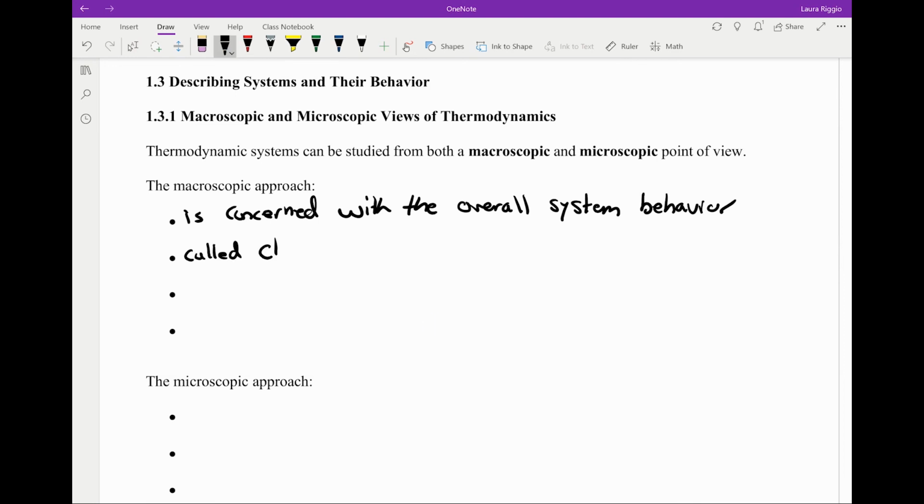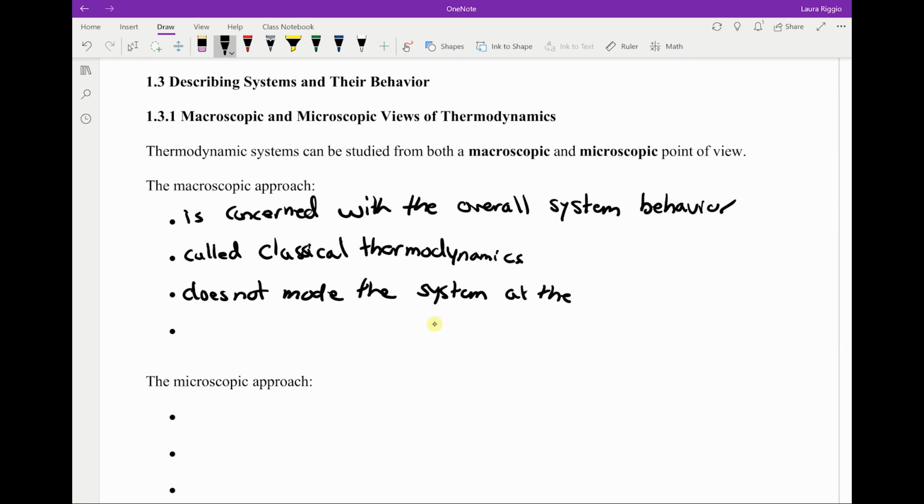It's called classical thermodynamics. It does not model the system at the molecular, atomic, or subatomic level.